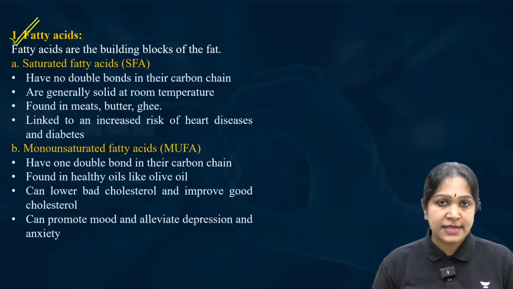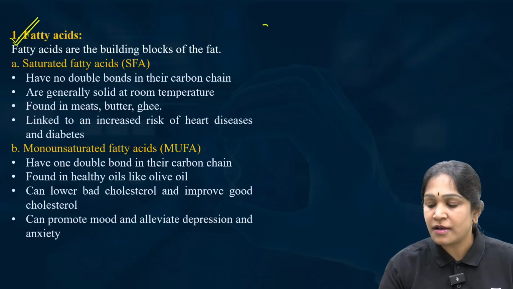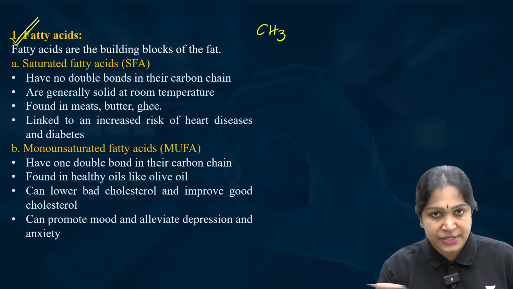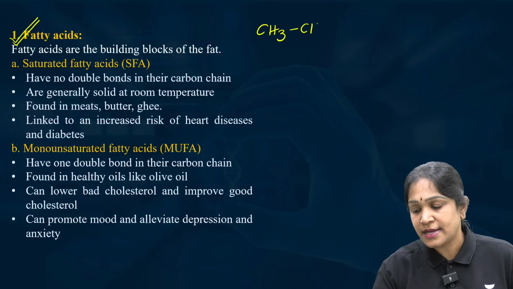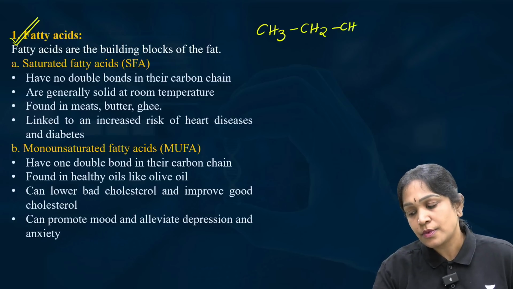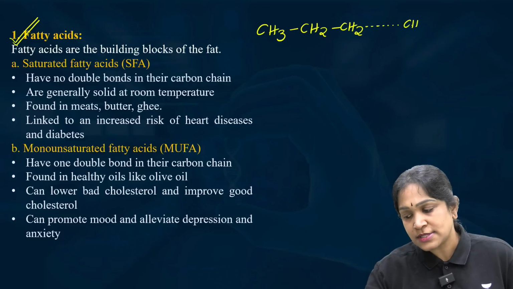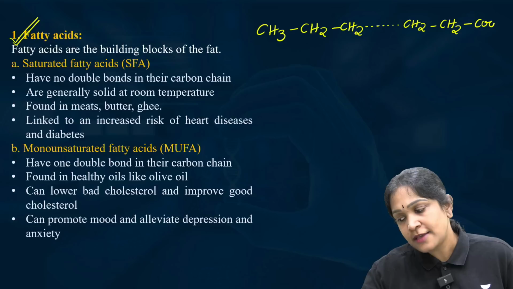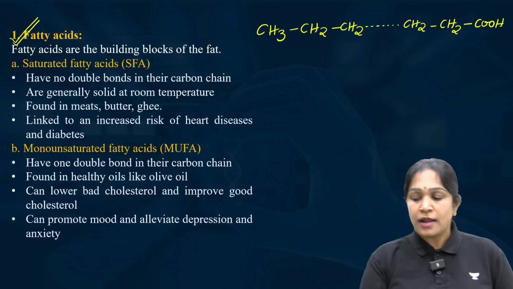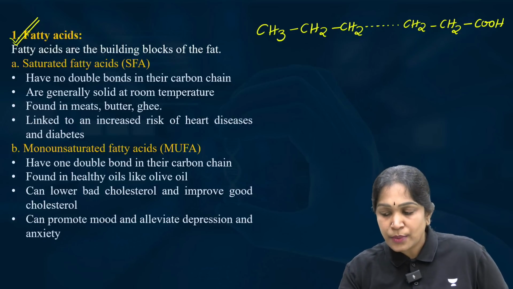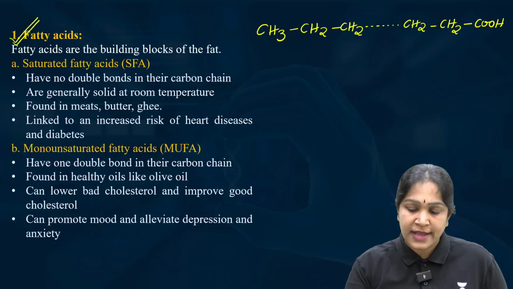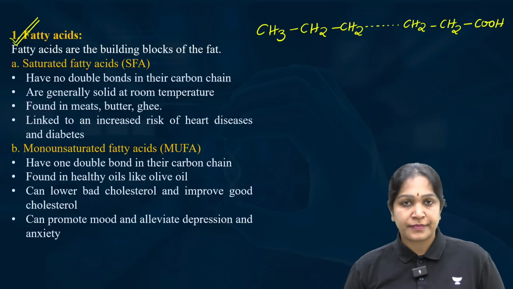A fatty acid is made up of a very long carbon chain, CH3, CH2, CH2, so many CH2 molecules, and on the other end you have a COOH. A long carbon chain ended with COOH is called a fatty acid.